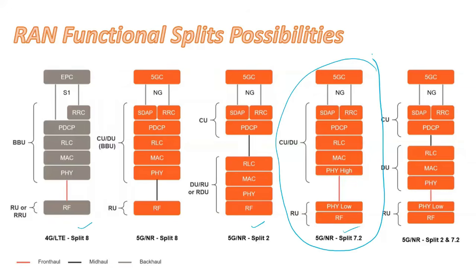Here we are dividing the physical layer into physical high and physical low. So some functions of the physical layer will go to physical high and some functions go to physical low. So real-time functions will go to physical low and non-real-time functions will go to physical high.